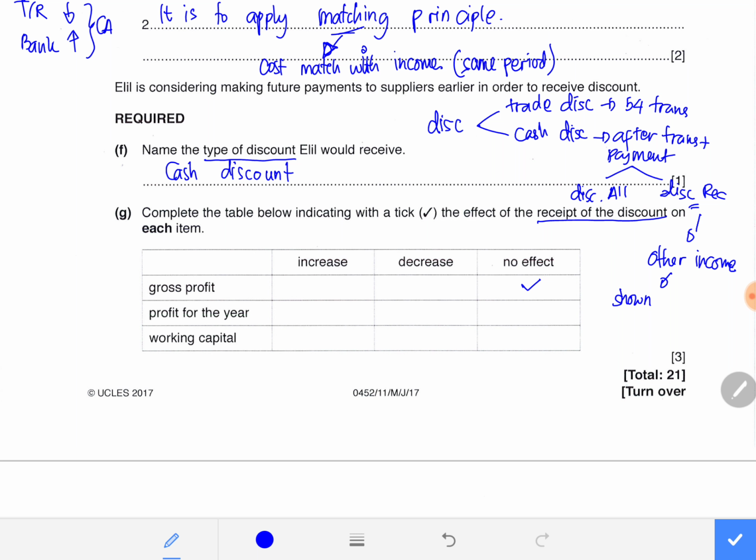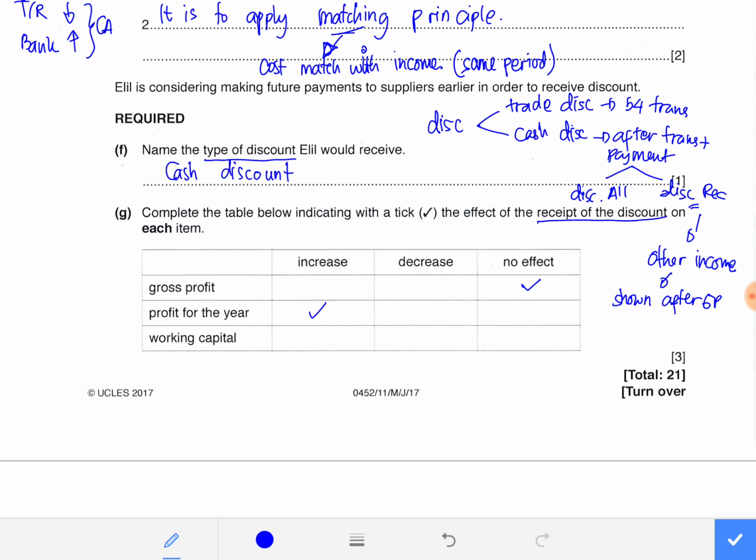So, gross profit is not affected. But profit for the year, yes, it is increased because you got a discount received. So, other income increases, net profit increases.